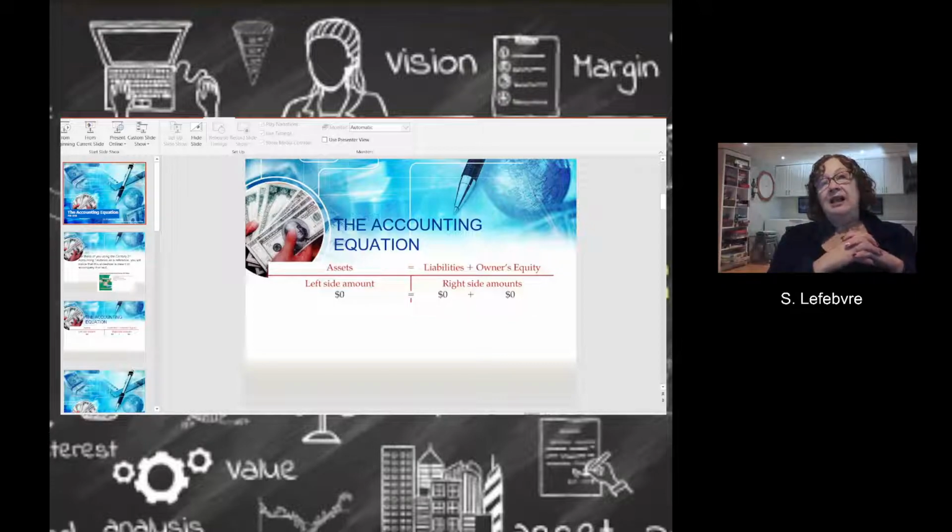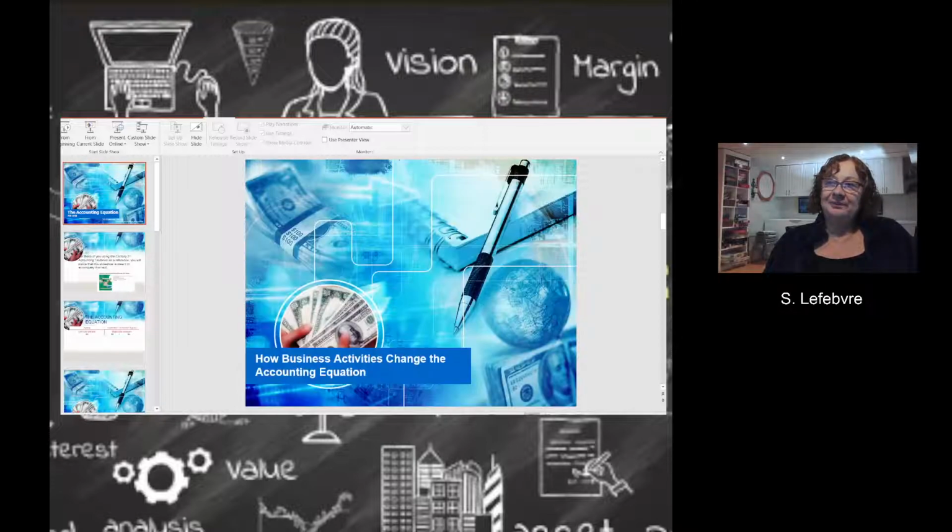And that's because we calculated our capital or owner's equity by taking assets minus the liabilities. We're going to keep that concept as we look at the accounting equation and how, when we do transactions, it changes the equation.